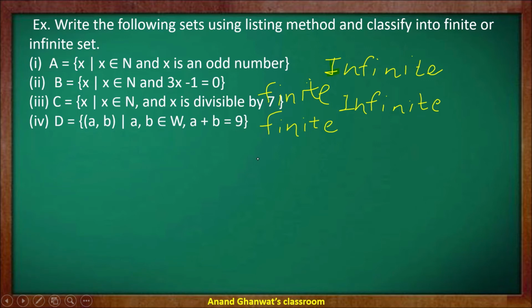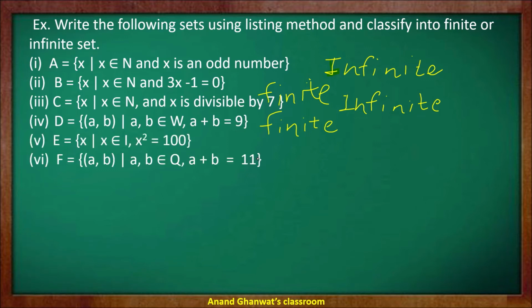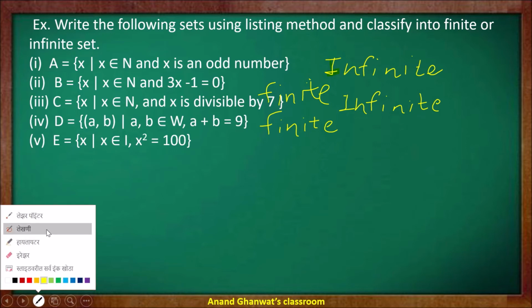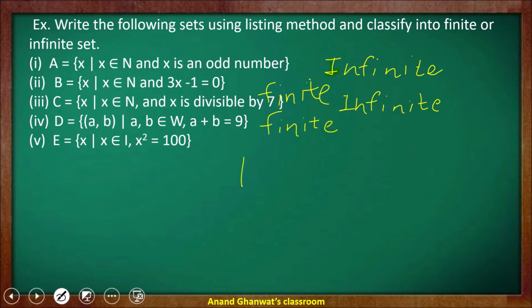So E is equal to positive 10 and negative 10. So these are the two numbers which are integers and whose square is 100.